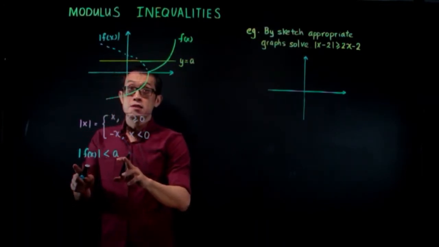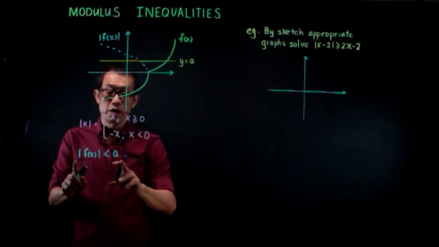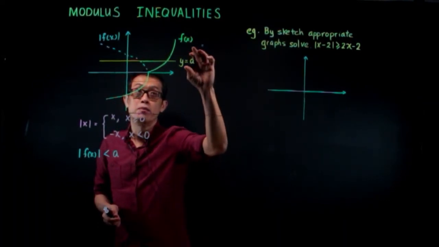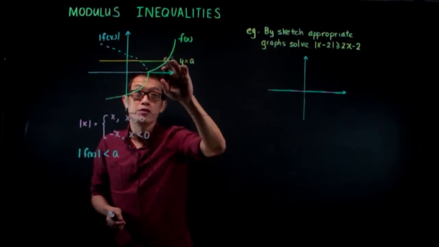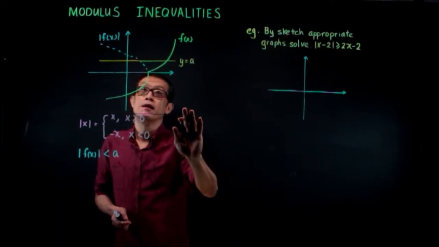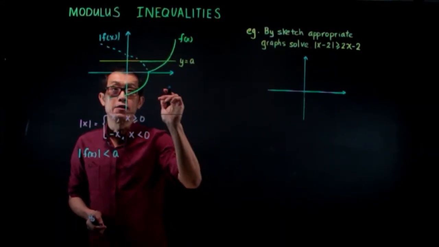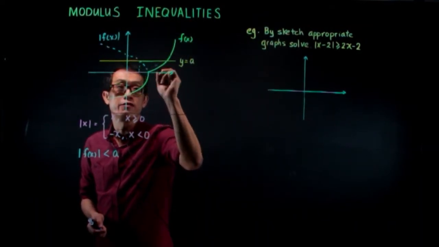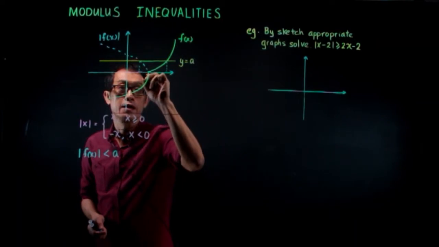Now, you want this mod f of x to be less than a. Let's say this is a. You want this graph of mod f of x to be less than a, so you want it to be less than this value. So it is these values of x that you take.